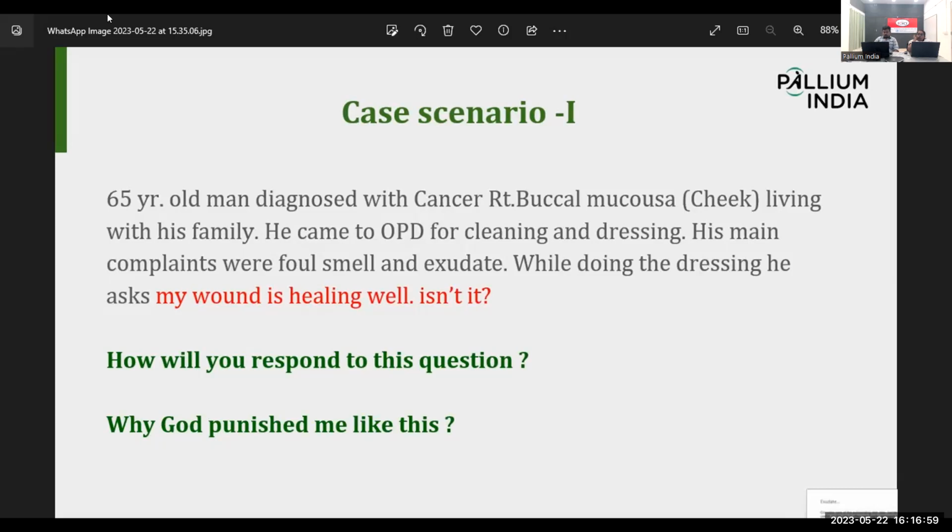If you do not soak the old dressings and try to remove them, the adherence will increase the bleeding, so there is a chance of bleeding. And another thing is the tumor can erode the major blood vessels. Most of the time with head and neck cancers, there is a chance of huge bleeding.